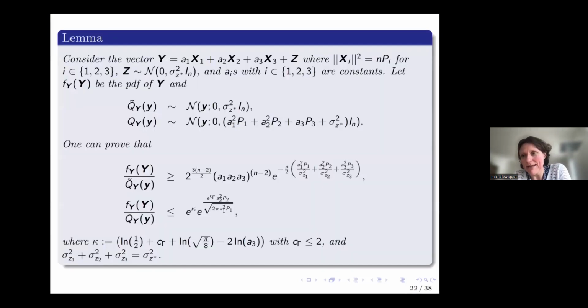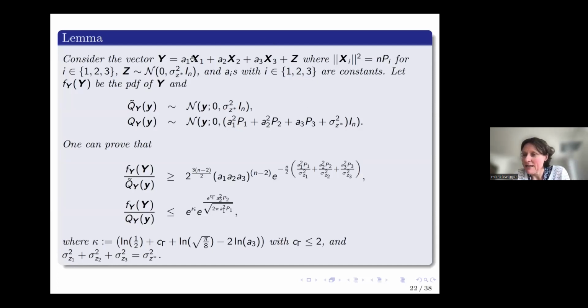Her main difficulty is, as I said, these interference channels, because now you need to analyze the sum of code words that lie on spheres. And to do that, she had to work out some approximations. So she wanted to see how far the distribution of things like this is.